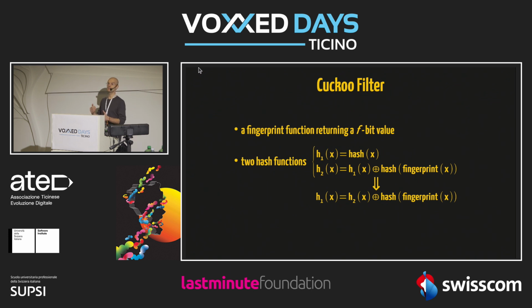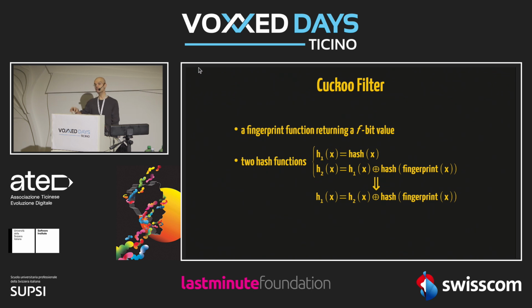Given the symmetry property of the XOR operator, having the hash of the first location, we can get the second location, and vice versa.